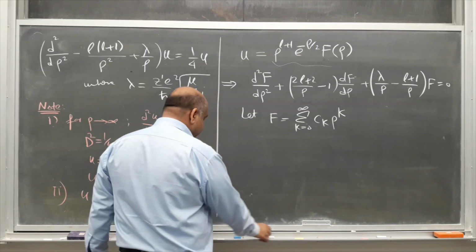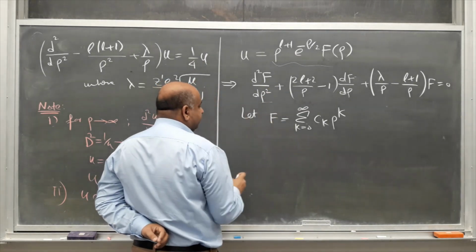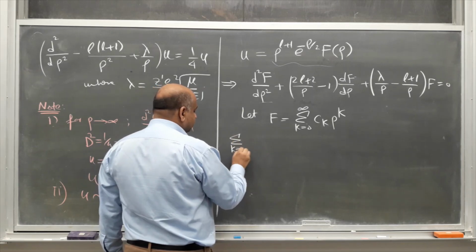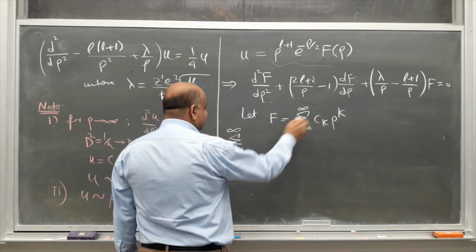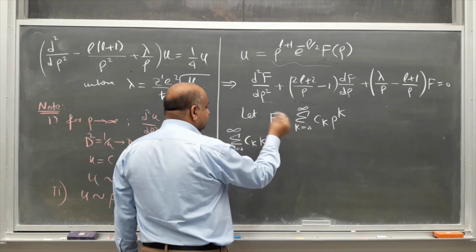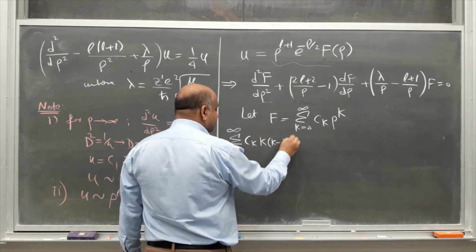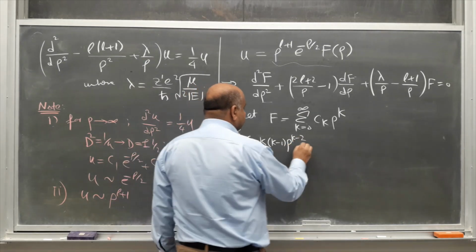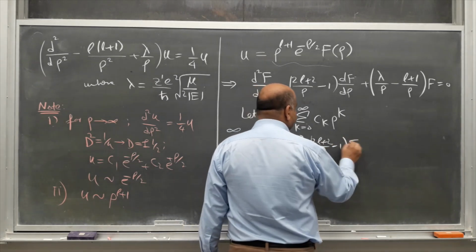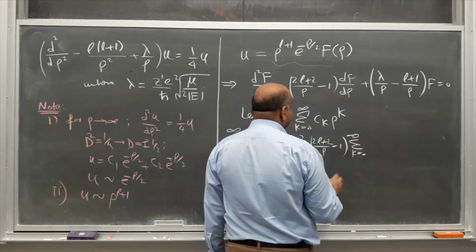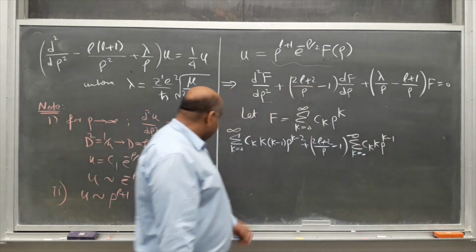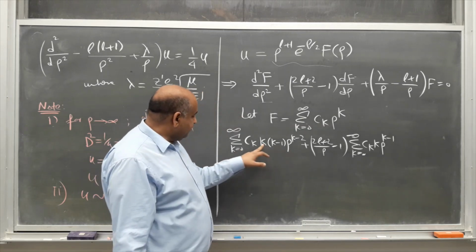Let me substitute this thing here. So when I substitute here, I get the sum over k from 0 to infinity of ck. The first derivative gives me k rho power k minus 1. The second derivative gives me k into k minus 1 rho power k minus 2, plus 2l plus 2 sum over k from 0 to infinity of ck k rho power k minus 1. We can note that when k is 0, this term is 0 because k is 0.